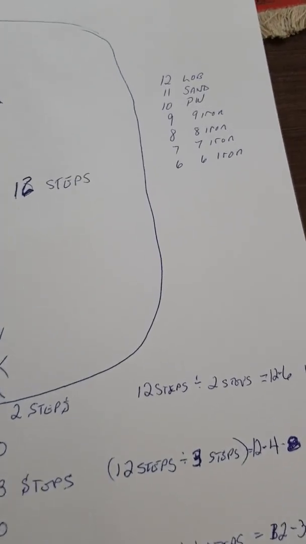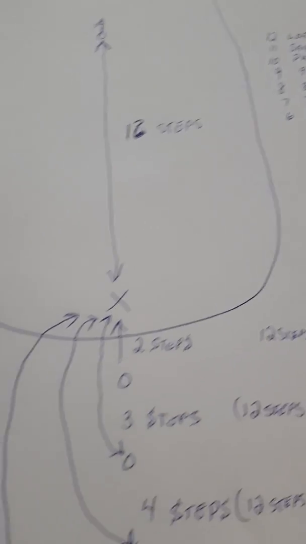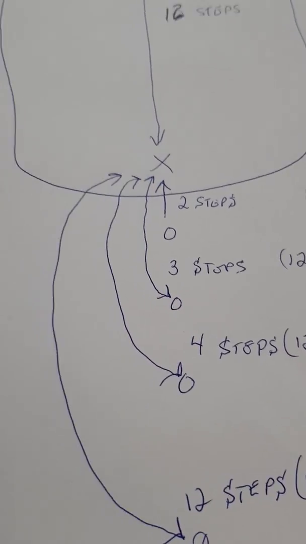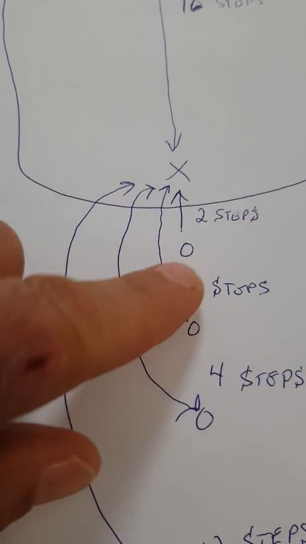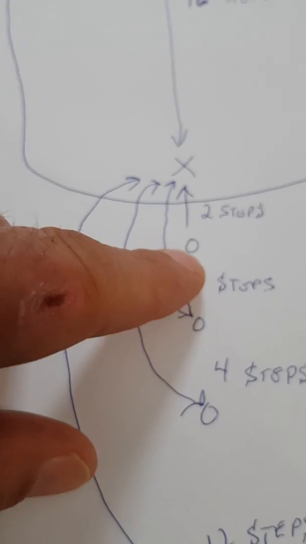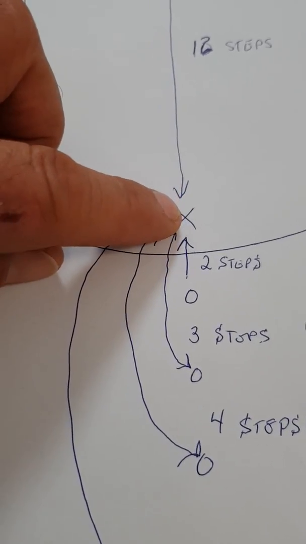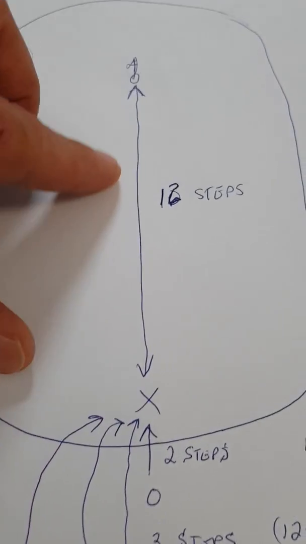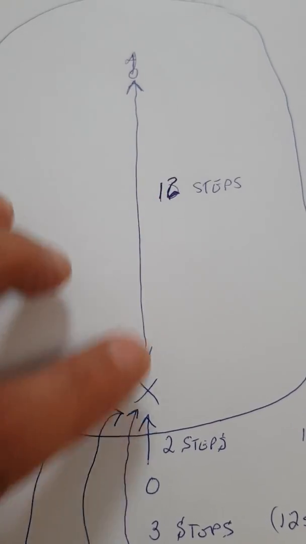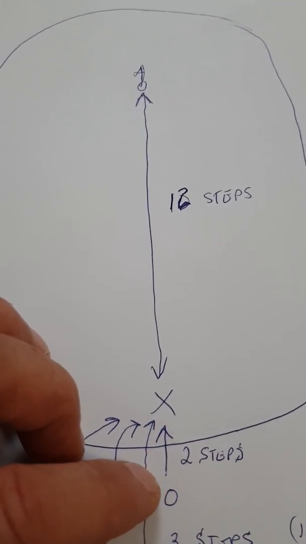Now, how do you get the 12 minus the number you're looking at? Well, that's fairly simple, but it takes a little math. Okay, if you're really close to the green and your target is 2 steps, okay, so you have 2 steps. And then you go from your target and you walk up to the flag, and that's 12 steps, let's say. Well, 12 divided by 2 equals 6.